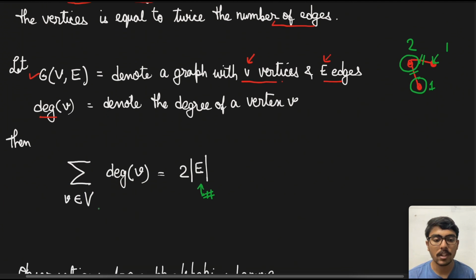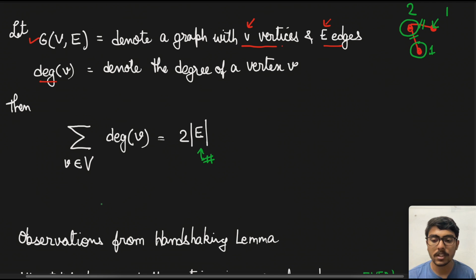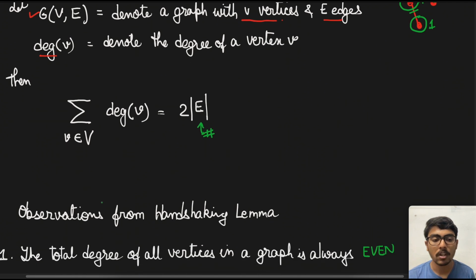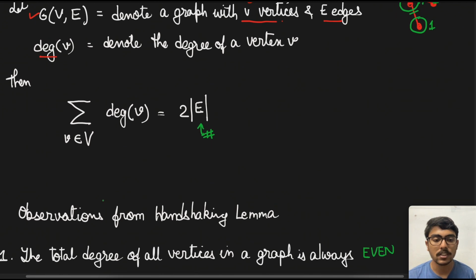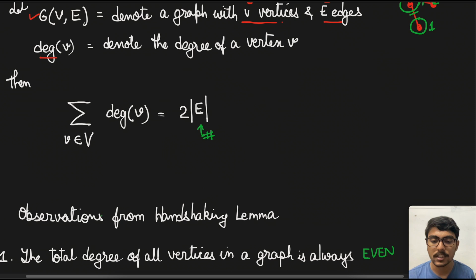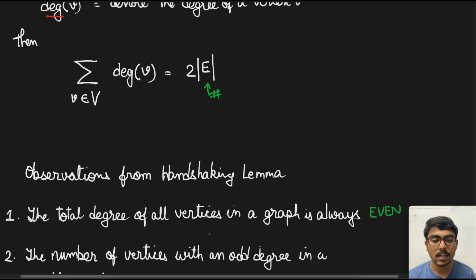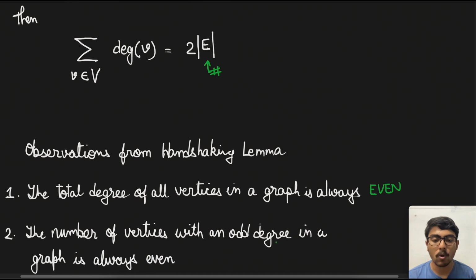Perfect. Now we come to the next part, which is the observations in handshaking lemma. The first observation is that the total degree of all the vertices in a graph is always even. As you can imagine, the total degree according to handshaking lemma needs to be an even number. That is what is written in the first observation. Next, the number of vertices with an odd degree in a graph is always even.